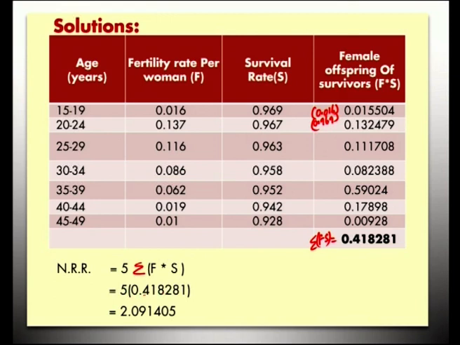So, 5 into 0.418281 is 2.091405. So, the net reproduction rate is 2.091405.